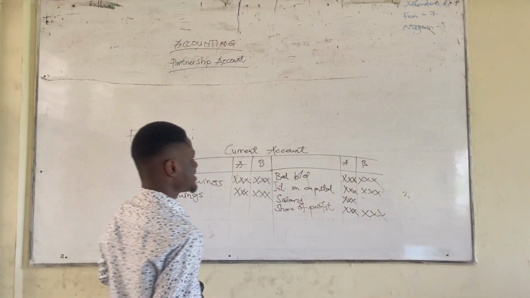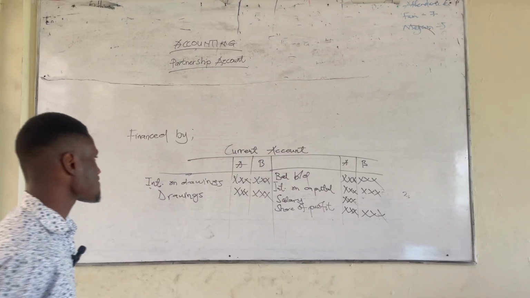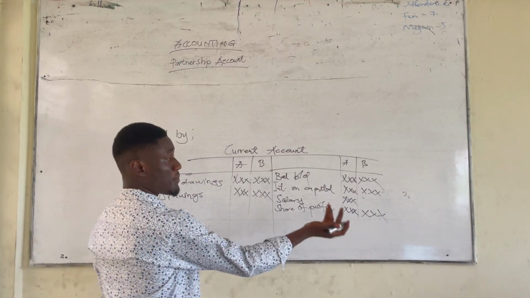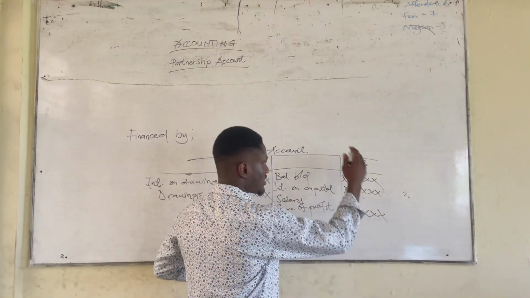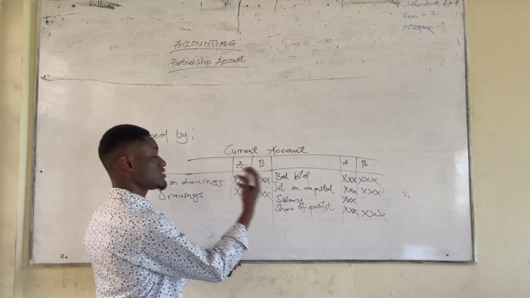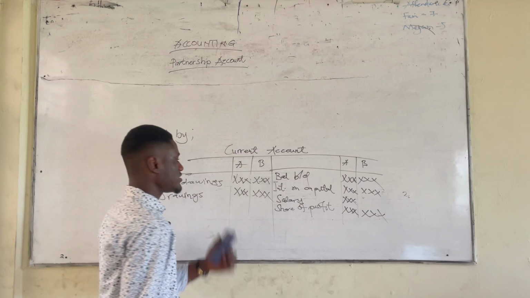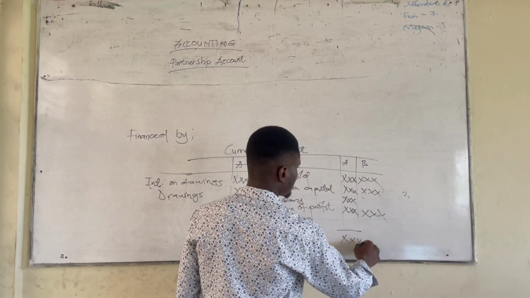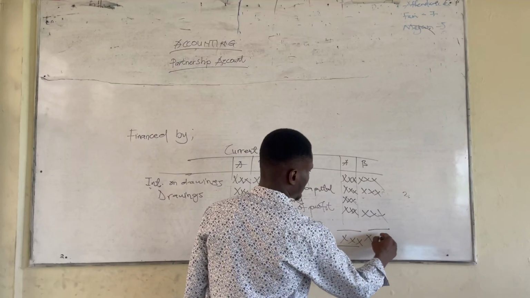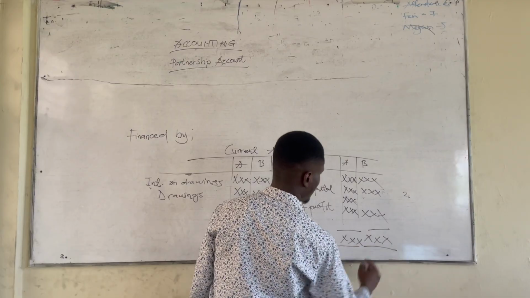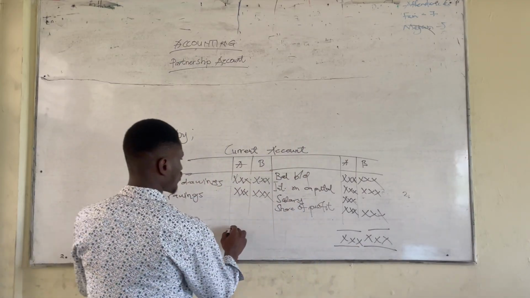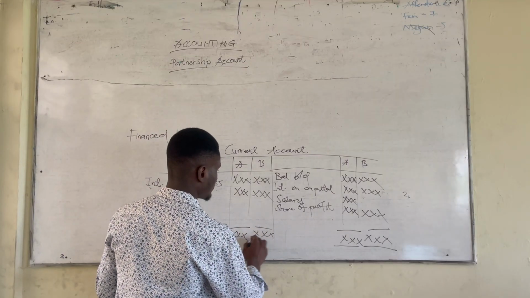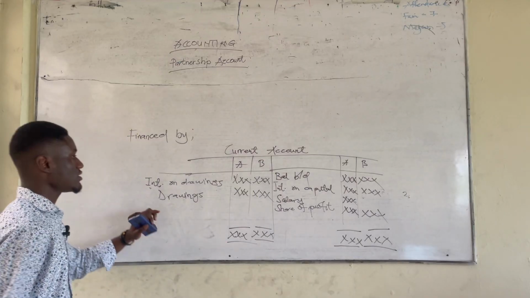Good. So we just find which side is greater, and we record it at both sides. And normally in current accounts, the credit side is greater or bigger than the debit side. So what we are going to do is close our account. Let's say the credit side is bigger than the debit side as usual. So we'll close the account like this.